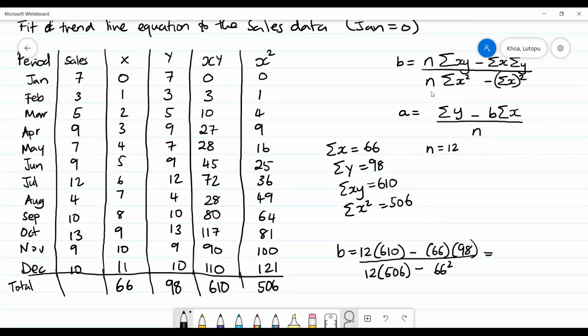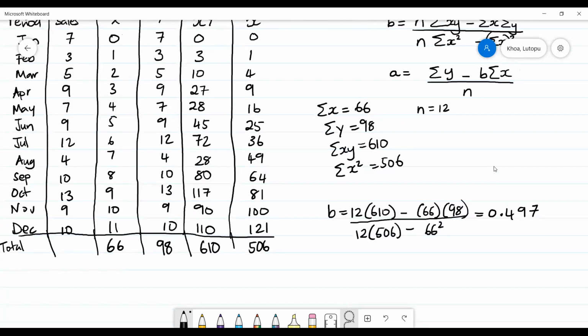12 times 610. And I have 0.497. Okay, and then we would work out A. Remember the value of B, you needed to work out A, so that's why we work out B first.